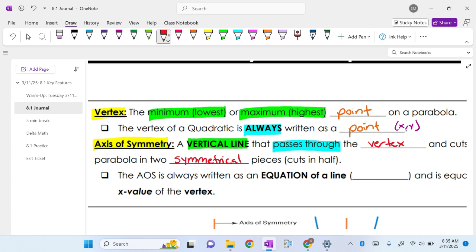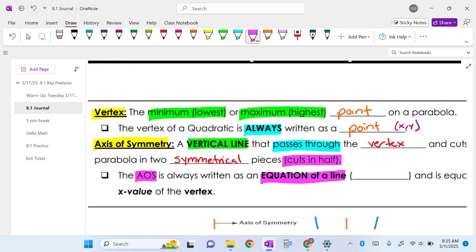So what does it mean for something to be symmetrical? If you cut it in half and fold it over each other, it would be the same on each side. That's why I said you cut it in half, because it literally cuts the parabola in half vertically.